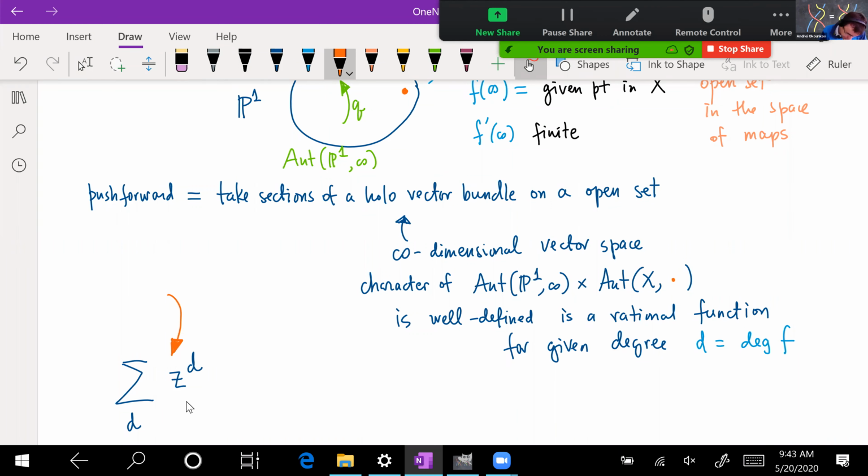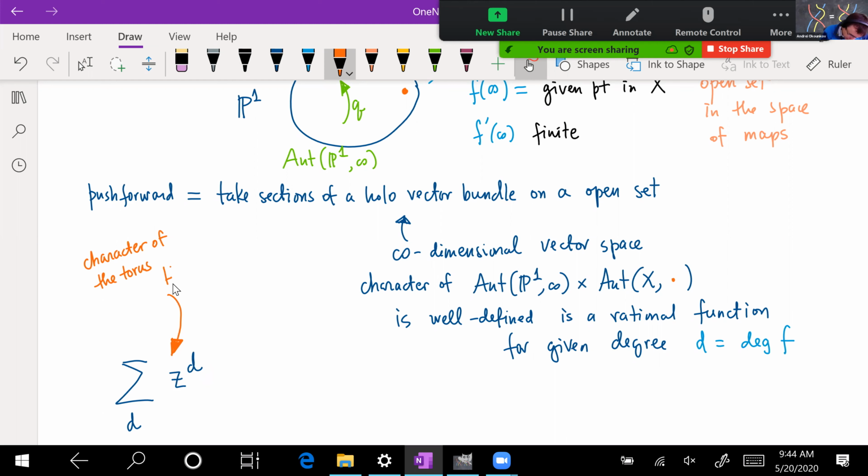You should think of this as a placeholder for remembering the degree, but also, since we would like everything to look like a covariant K-theory, we would like to say that this is like a character of the torus, so we'd like the degree of the curve to be a character of our torus.